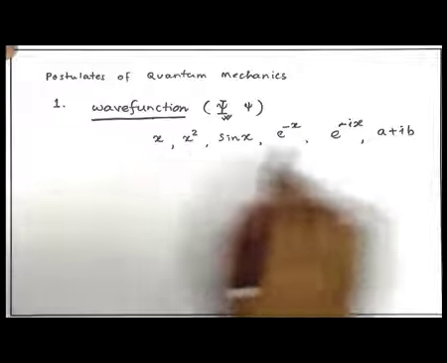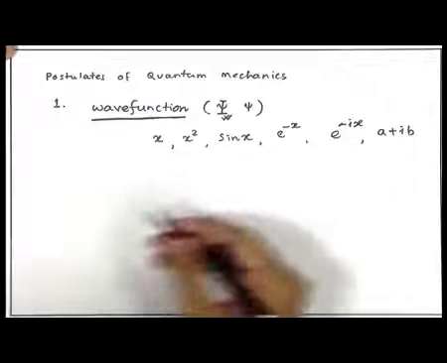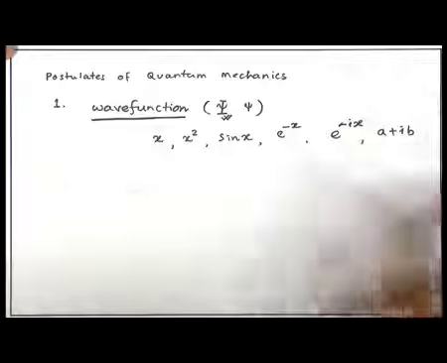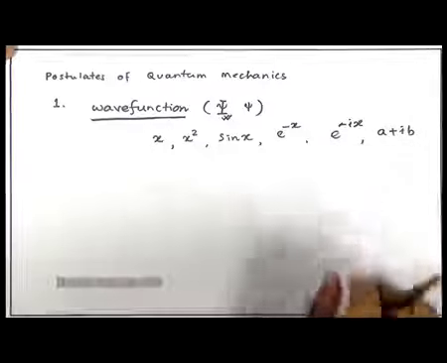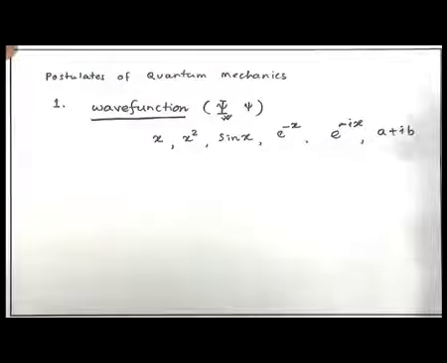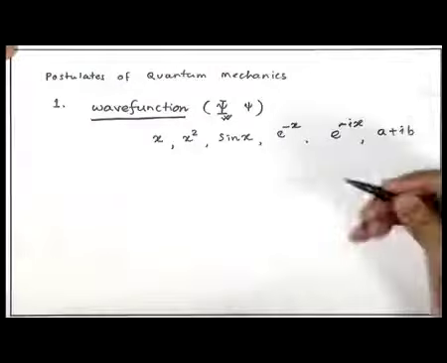It can be as simple as this, or it can be extremely complex, so complex that I cannot even begin to start writing it. If I have a system where there is one electron, the wave function will contain all the information about this single electron, its position, its momentum, its energy, and so on and so forth.